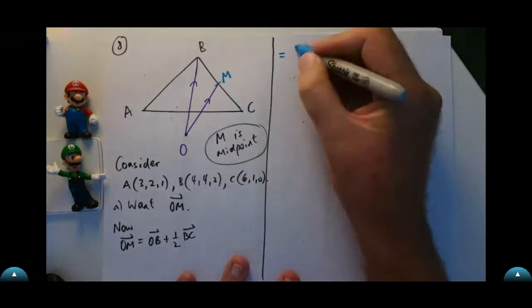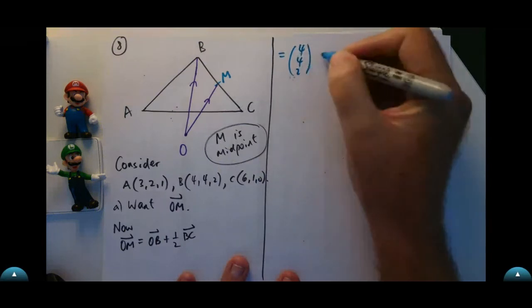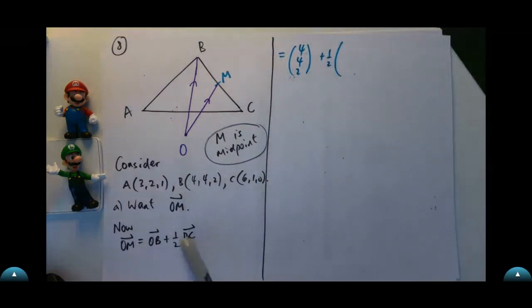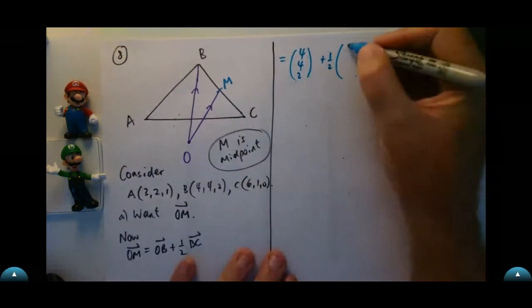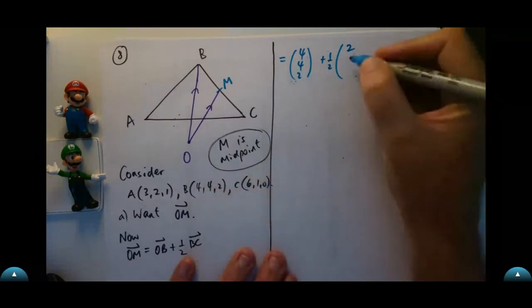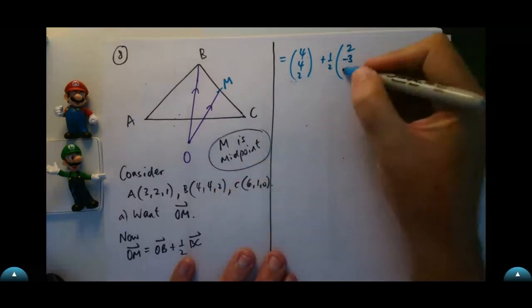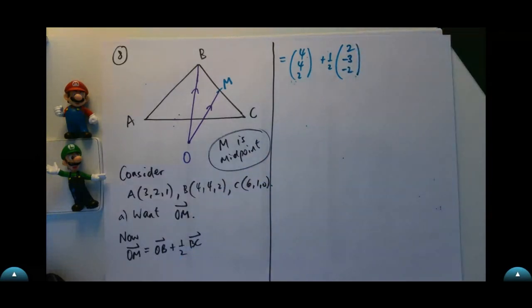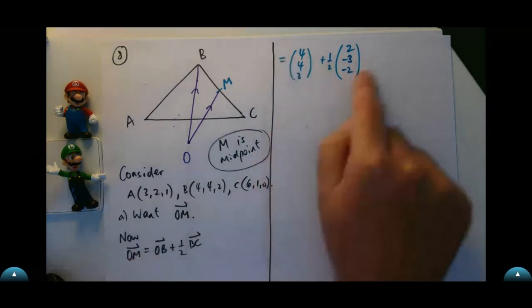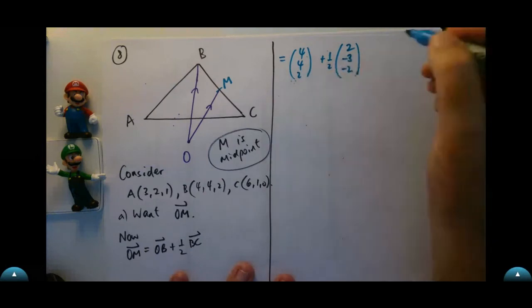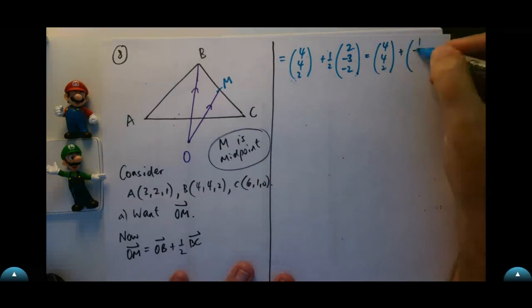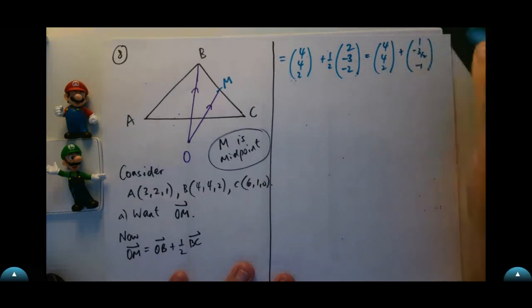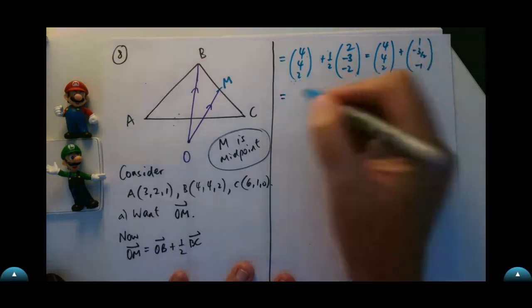So OB is this 4, 4, 2. BC is C minus B, so the position vector of this minus the position vector of this. So it's going to be 2, -3, -2. I think that's correct. Yep. So to get OM, you just simplify this. It's a bit of a shame we have a fraction there, but oh well.